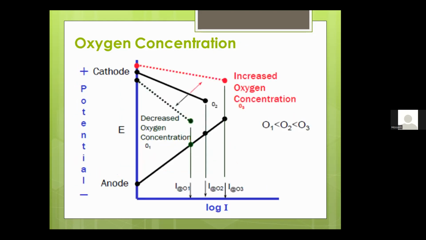For oxygen concentration, we know that oxygen is a depolarizer. So, as the oxygen increases, the polarization will decrease and the corrosion current will increase, and vice versa.